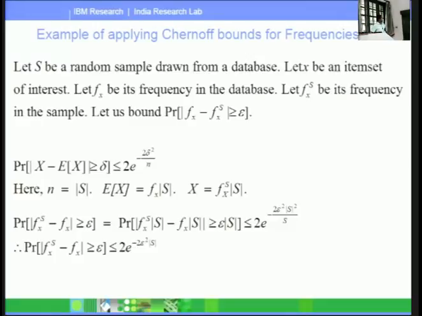The expected value of x is essentially the sum of the number of times this will appear. So the probability that this is greater than or equal to this is nothing but the expectation being greater than epsilon times the size of S. You get some term like this, and as the size of this sample S increases, this starts going down exponentially.